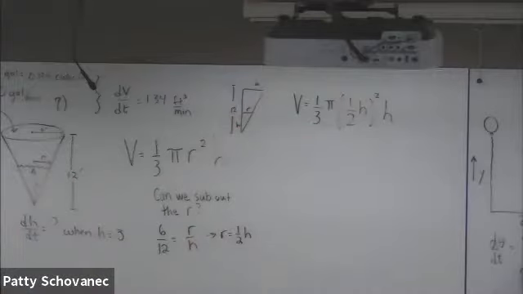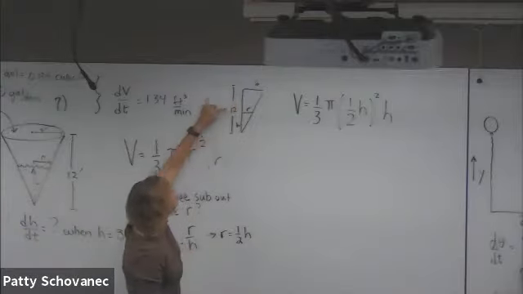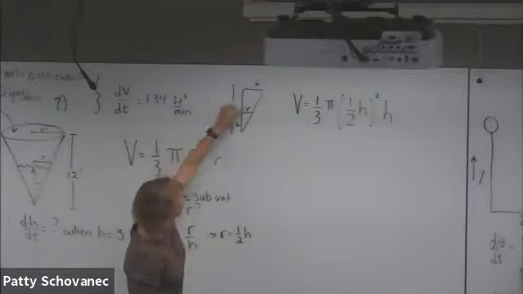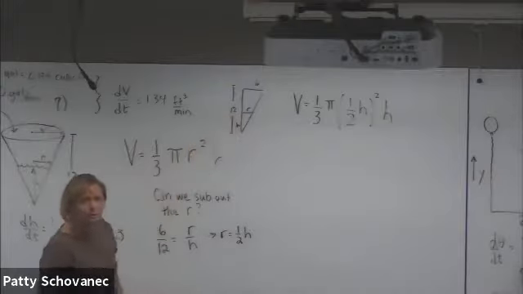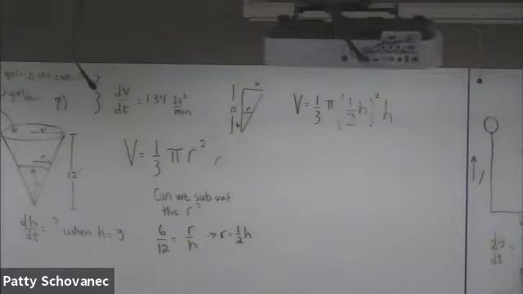The radius of the cone is to the height of the cone as the radius of the water is to the height of the water. Just like the similar triangles we used in the last example.